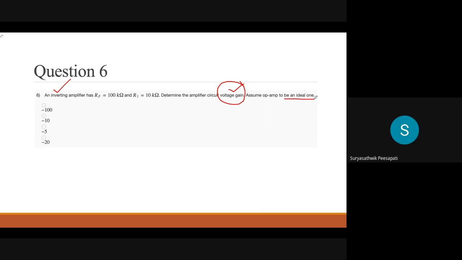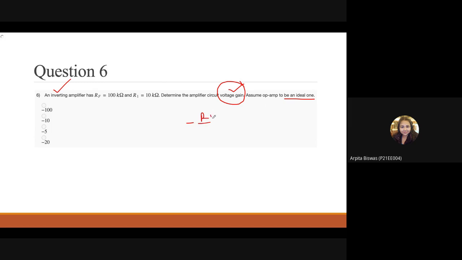Ma'am, answer is right, ma'am. Jen, how to find out the voltage gain? Minus RF by R1, ma'am. Yes, the voltage gain is minus Rf by R1.